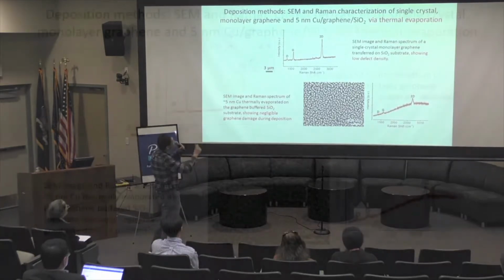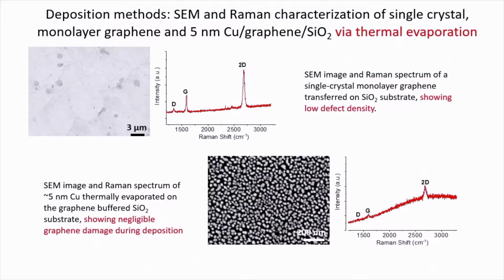From the Raman spectrum, you can see it's a pretty good monolayer graphene with a high 2D to G ratio and small D defects, so this graphene film has a low defect density. There are a little bit of bilayer graphene flakes on the surface, but they don't affect the general quality of the graphene.